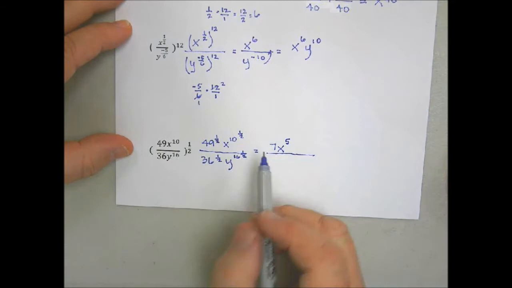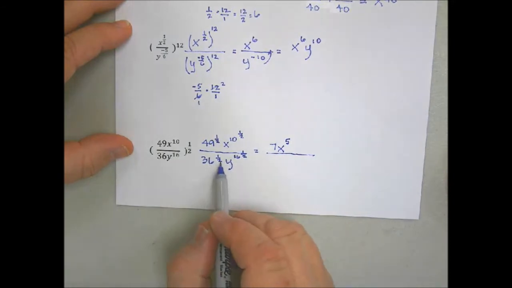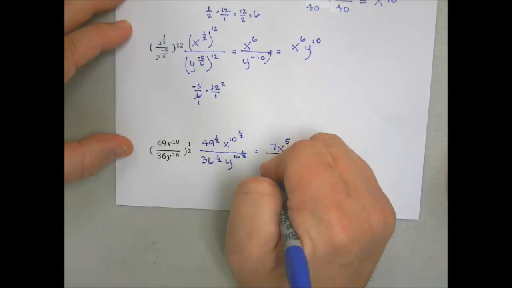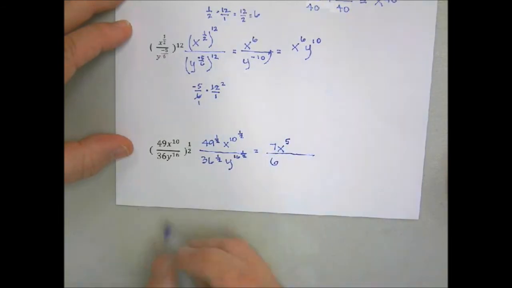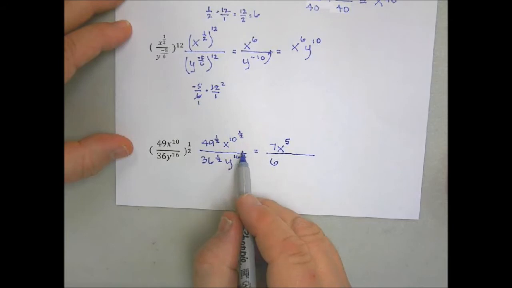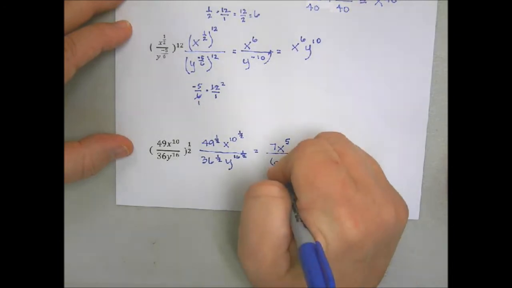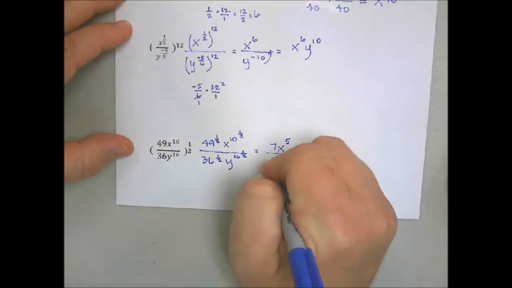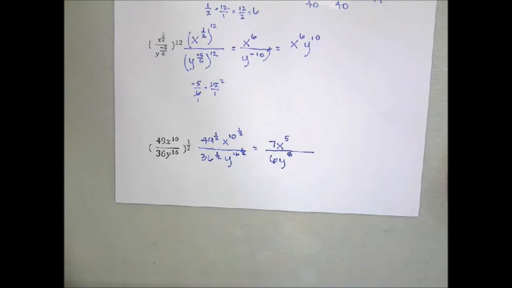Now down here, 36 to the 1/2 is the same thing as the square root of 36, which is 6. And y to the 16th to the 1/2 is 16 times 1/2, which is 16 over 2, which is 8. And there's your answer to that problem.